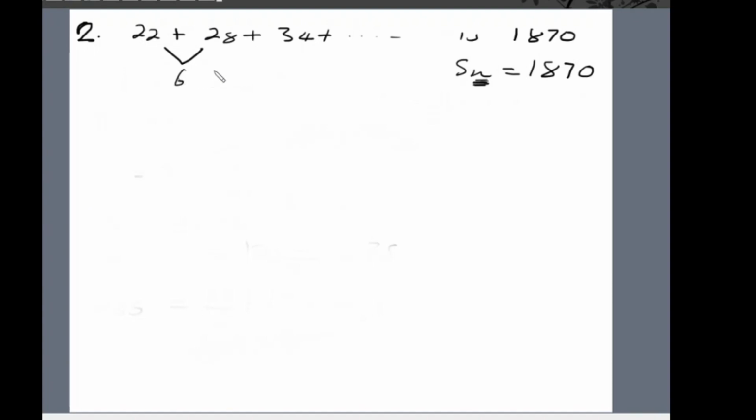And then to move from 28 to 34, they added 6 again. So this means our common difference is 6, and the first term is 22. Because we have a common difference, it means we have an arithmetic series, right? Therefore we can use this formula for Sn.